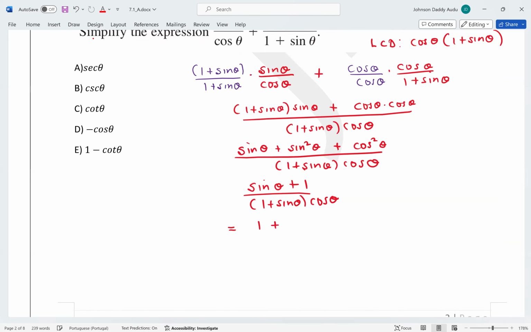This is the same thing as 1 plus sine theta over 1 plus sine theta multiplied by cosine theta. So this and this will go, and then we are left with 1 over cosine theta, which is nothing but sec theta once again.